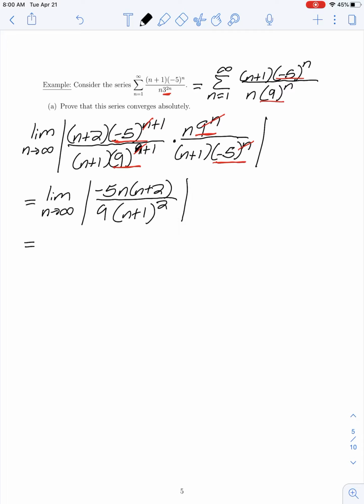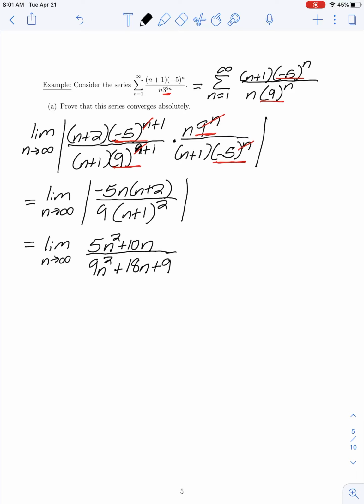So taking the absolute value through our numerator and denominator, we have for our numerator a positive 5, and if we distribute the 5 times n, we have 5n squared plus 10n. And then expanding through the (n plus 1) squared in our denominator and distributing the 9, we have 9n squared plus 18n plus 9.